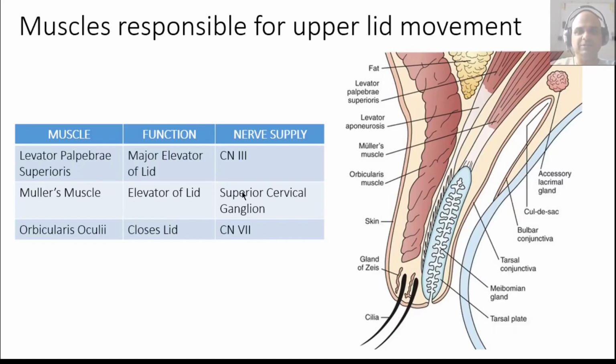It is a smooth muscle, and its innervation is derived from the superior cervical ganglion, which is a part of the sympathetic trunk. Orbicularis oculi is the muscle that closes the lid, and this closes the upper lid as well as whatever contribution the lower lid has, and is supplied by the seventh cranial nerve.